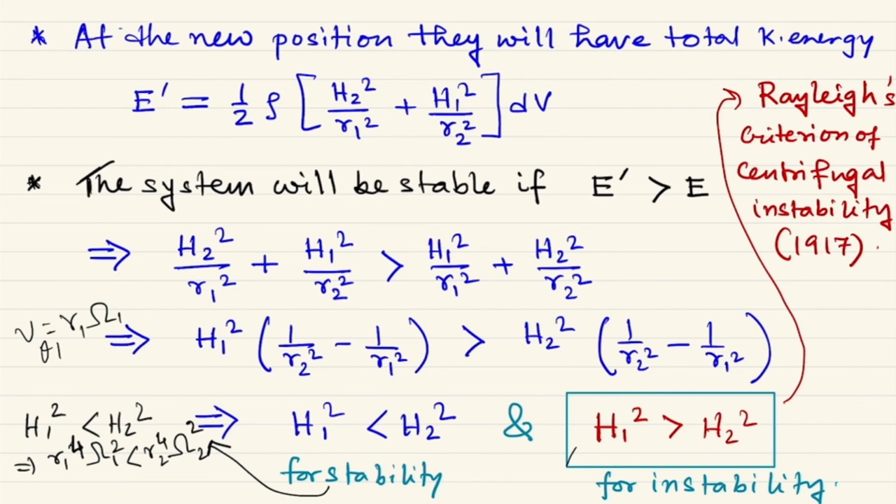So if r2 is greater than r1, then this quantity should be greater than that quantity.